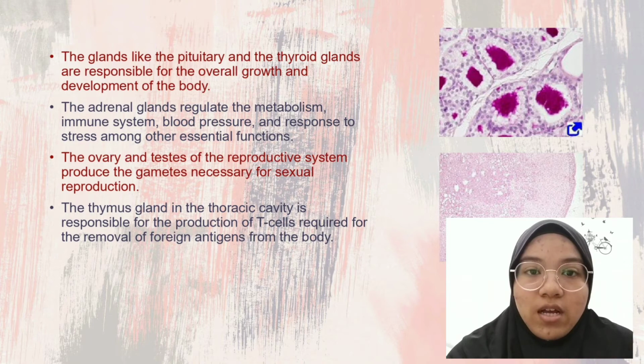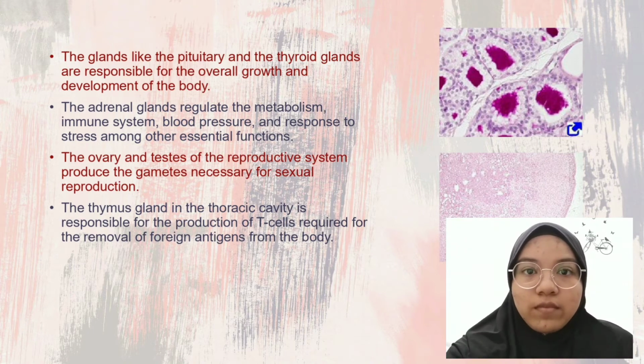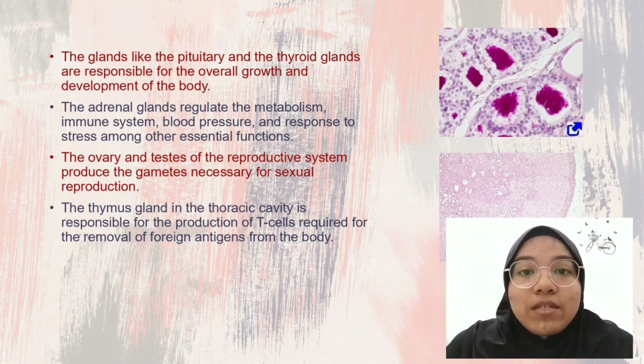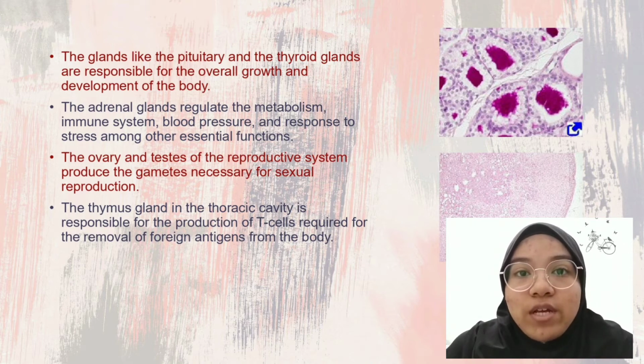Sixth, the adrenal glands regulate metabolism, the immune system, and blood pressure, and respond to stress, among other essential functions. Seventh, the ovary and the testes of the reproductive system produce the gametes necessary for sexual reproduction. Eighth, the thymus gland in the thoracic cavity is responsible for the production of T cells required for the removal of foreign antigens from the body.